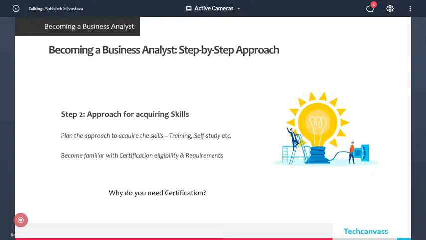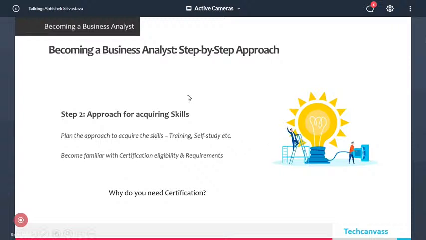Some people like to read books, some people like to watch videos, some people like to listen to audios, some people learn better if they attend a training program. So it's purely dependent on you as to how you can learn something. So decide that approach and then go for it.